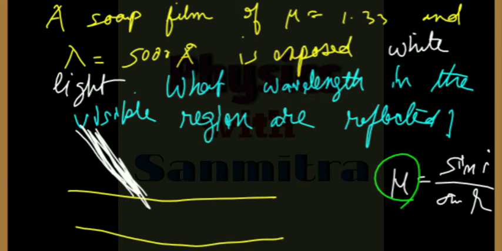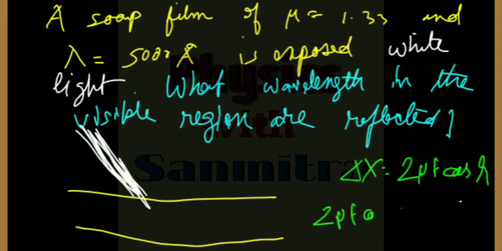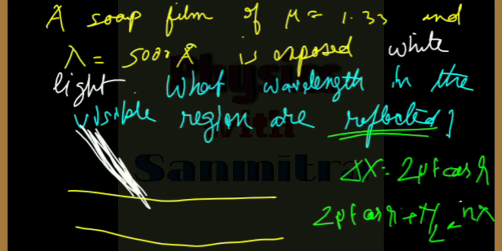I'll come to that point later, but now what we had was that delta x is equal to 2 mu t cos r, plus lambda by 2 for reflected, and that will be n lambda, that is 2n lambda by 2 for bright, let me say.